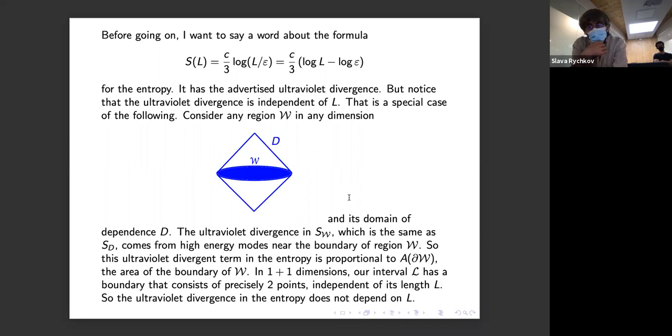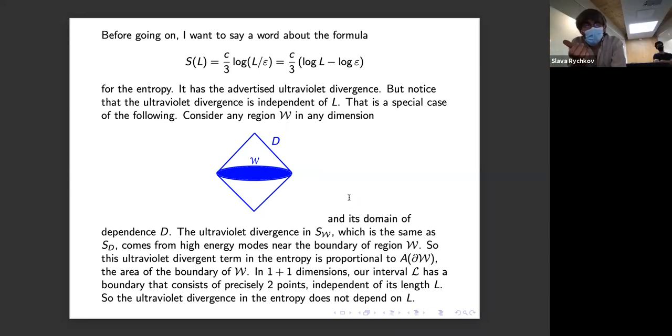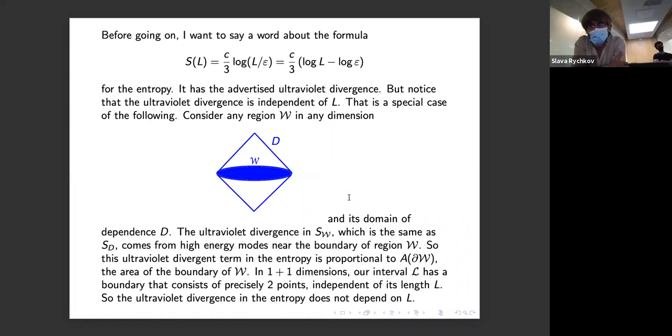S of L cannot be rigorously defined because it's divergent, but there was this particular derivative of S of L which was finite by inspection because it cancels the log. So if this theory is ever to make sense rigorously, there has to be some rigorous construction of this quantity, the derivative of S. Is there such a thing? Did mathematicians come up with a definition?